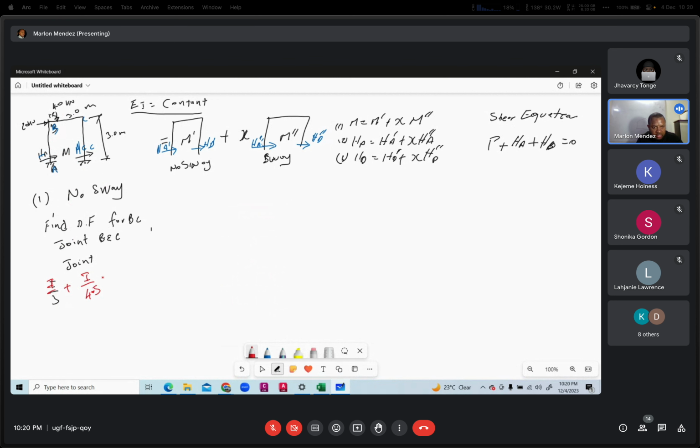When you work this out, you're going to get this. This thing is giving me some little issue. One minute, let me see if I can correct this.